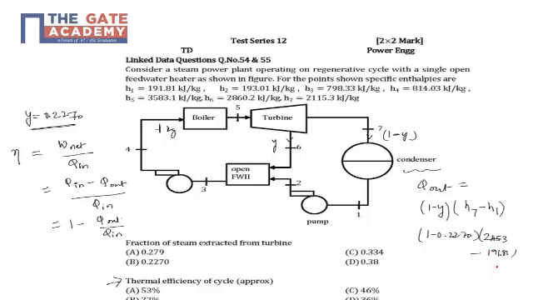Let's use the calculator: H7 is 2115.3, minus H1, which is 191.8. If you calculate this, it is 1486.86 kilojoules.